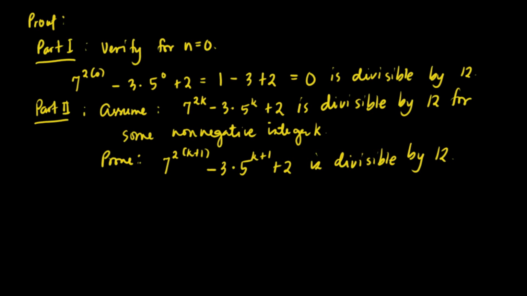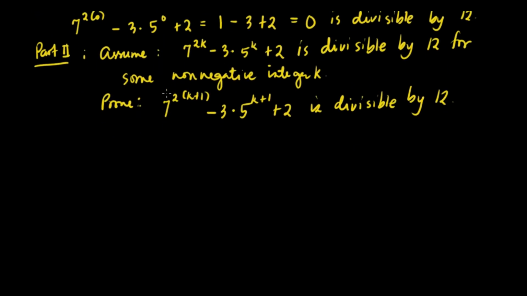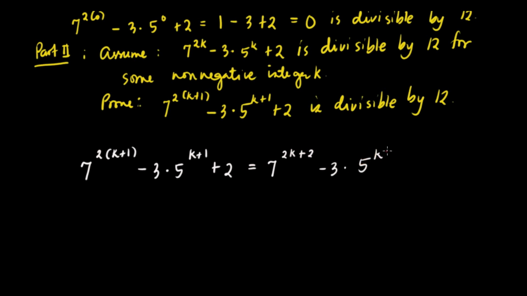Okay, now let's work on showing that this is also divisible by 12. I'm just going to copy this. We have 7 raised to 2 times k plus 1 minus 3 times 5 raised to k plus 1 plus 2. And I can distribute this. Magiging 7 raised to 2k plus 2 minus 3 times 5 raised to k plus 1 plus 2.